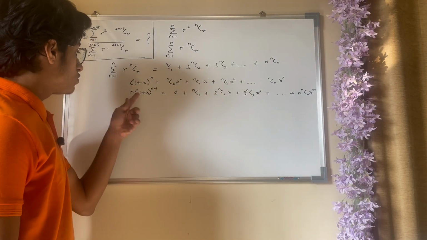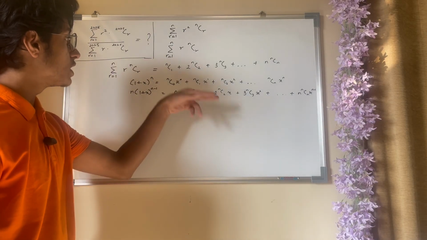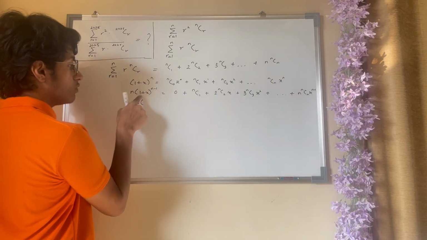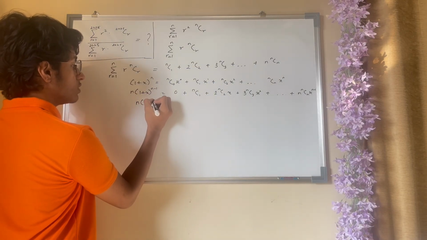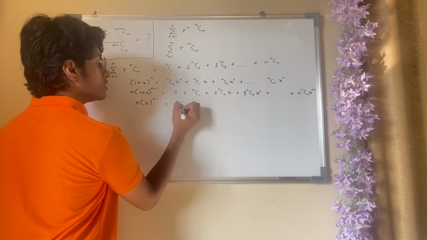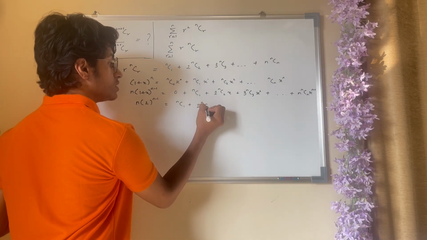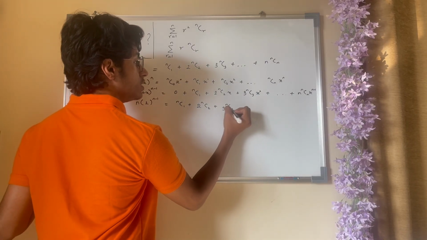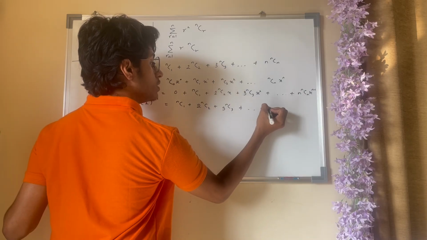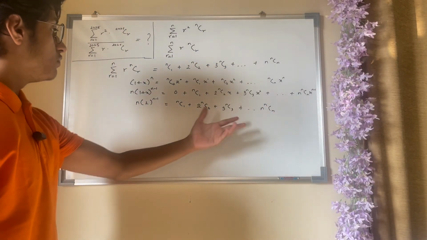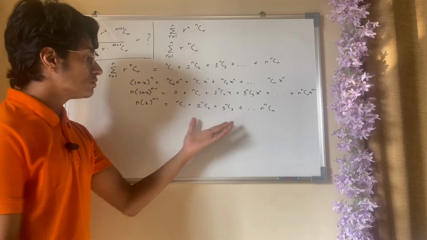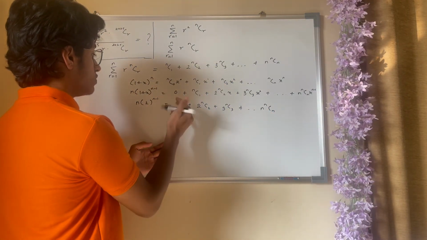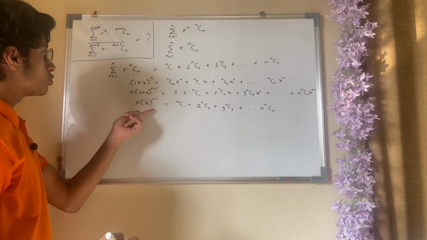Now putting in the value of x as 1, we get n into 2 power n minus 1 is equal to nC1 plus 2nC2 plus 3nC3 till n into nCn, and this is the sum we had to find.